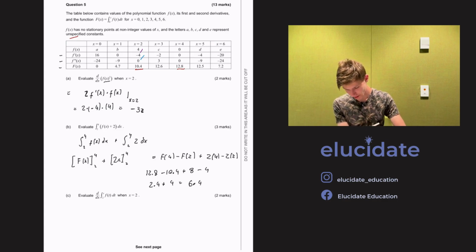Okay, so for this question, we have another fundamental theorem of calculus question. So by the fundamental theorem of calculus, we are taking an integral, going from f of t to F of t, then we're taking the derivative again. So we're going to get back to the original function.